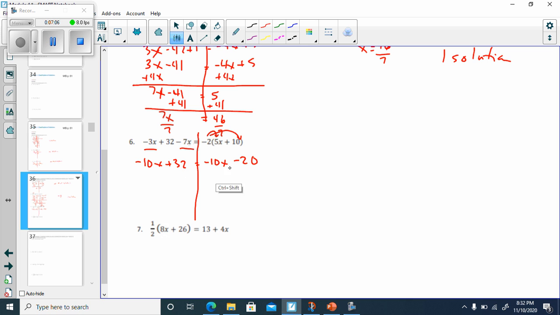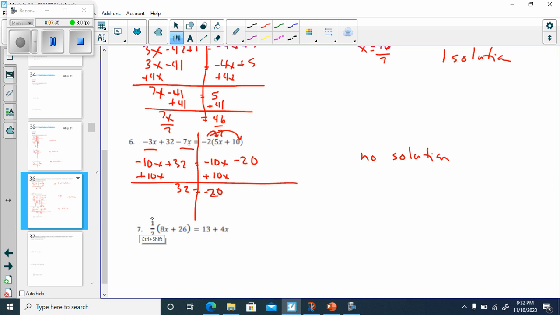Here you're adding 32, and here you're subtracting 20. This is not going to work. They're never going to be equal. There is no solution. But let's just check. Let's add 10x to both sides. I get 32 is equal to negative 20. That tells me there is no solution.